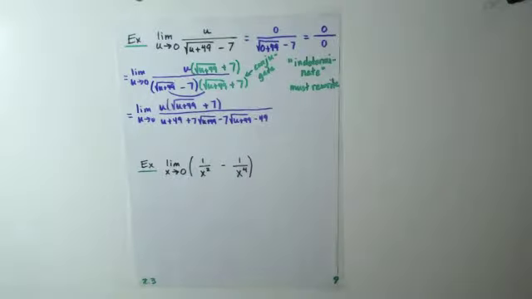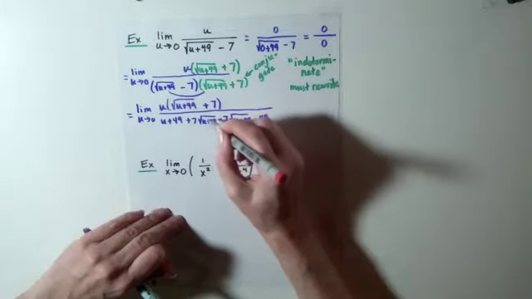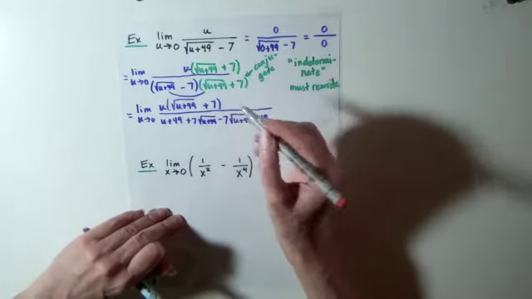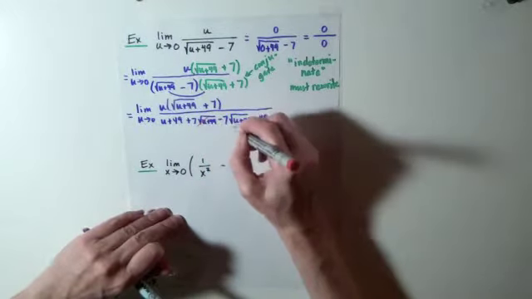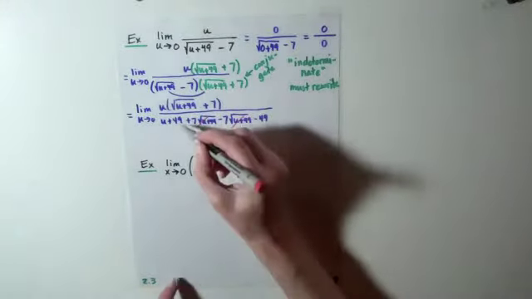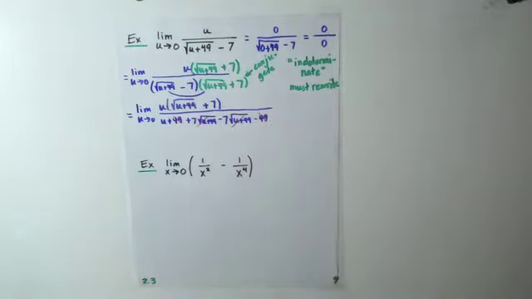And you notice that this does indeed get rid of that square root expression because it appears in a 7 root u plus 49 and a minus 7 root u plus 49. So those two things add up to 0 and drop out. What else drops out in the denominator? I have a positive 49 and a negative 49, so those also add up to 0. And you notice that I'm left with just a u in the denominator.